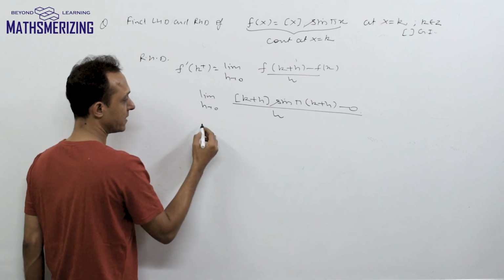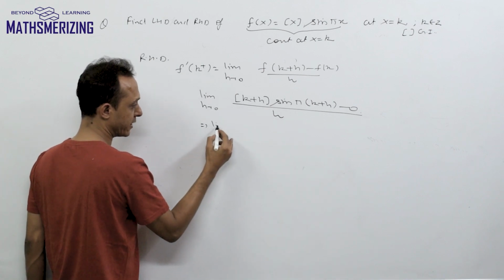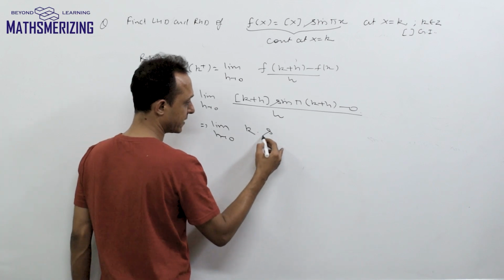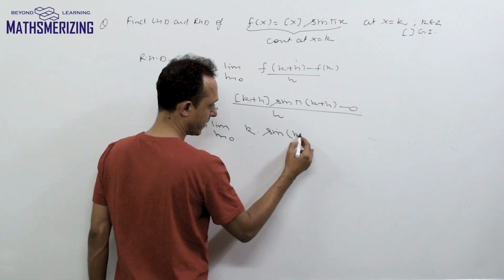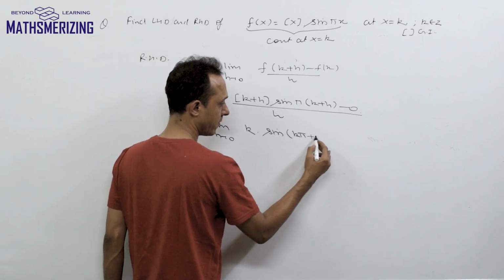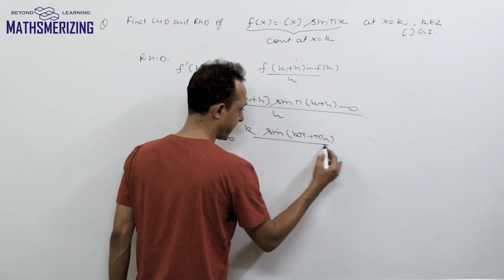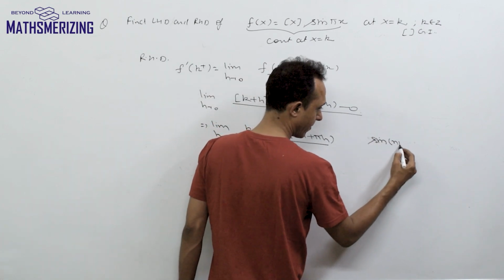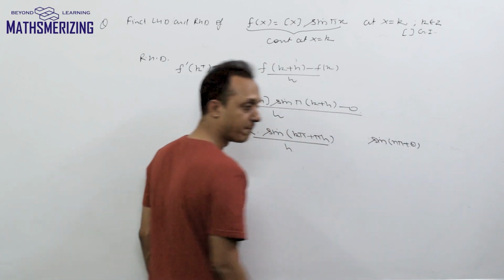Now greatest integer function of k plus h is simply k. So this is limit h tends to 0, and this is k, and this is sine of k pi plus pi h upon h. Now what is sine of n pi plus theta?